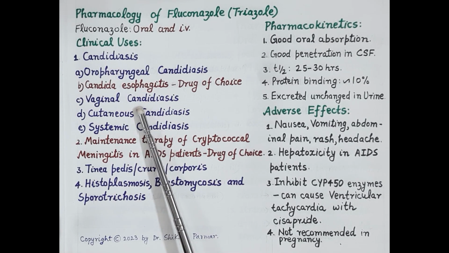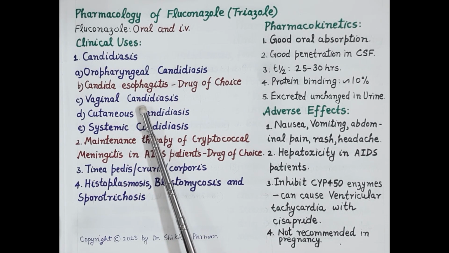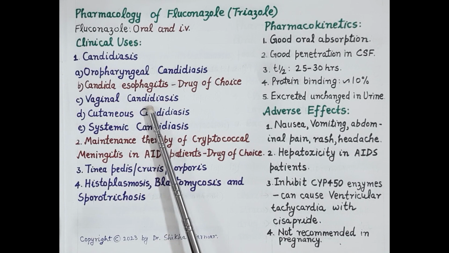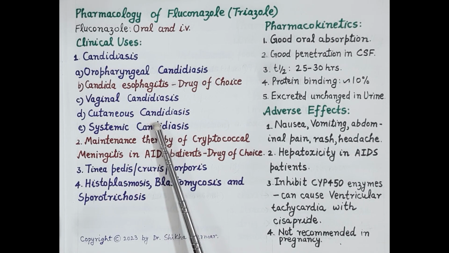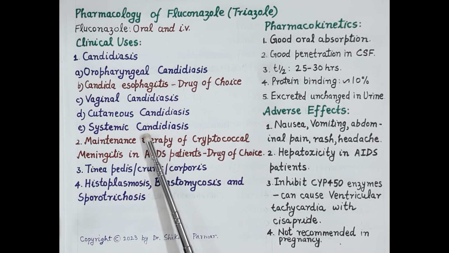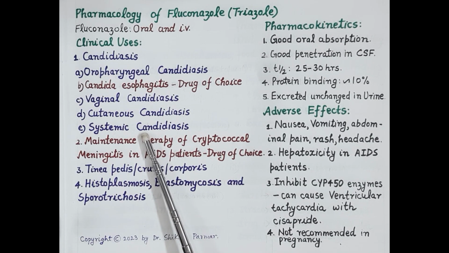As we have already discussed, vaginal candidiasis is treated with clotrimazole or miconazole. If vaginal candidiasis is not cured by topical imidazoles, then again fluconazole is the drug of choice, and fluconazole also effectively treats cutaneous candidiasis, and it is also very effective in the treatment of systemic candidiasis after echinocandins.